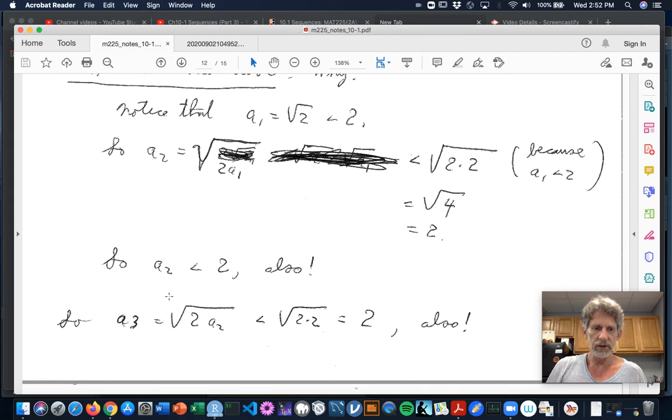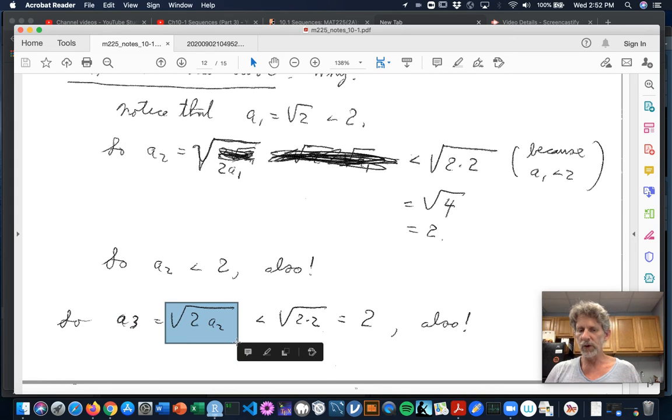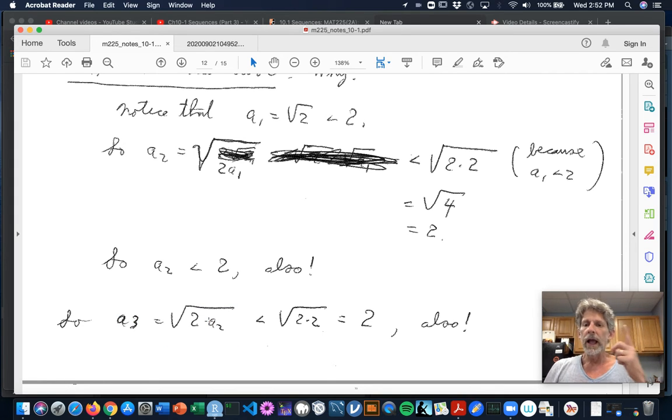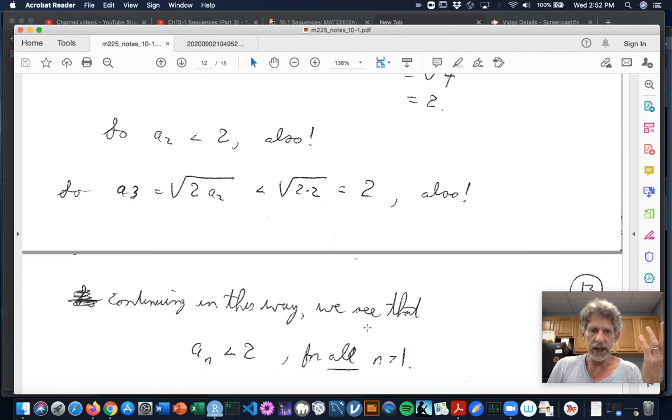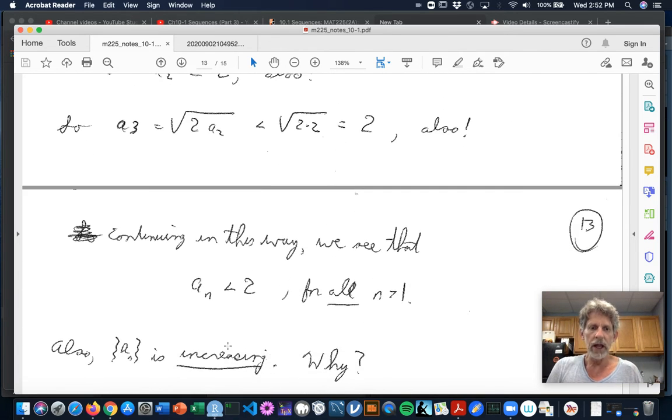Well, that's the square root of twice a2 according to the builder rule. And I just found a2 was less than 2. And so square root of 2 a2 would be less than square root of 2 times 2, which is 2. Now I've shown that a3 is less than 2. Hey, I could keep doing that. Continuing in that way, for any n, I could show that a_n is less than 2 by using that a_(n-1) is less than 2.